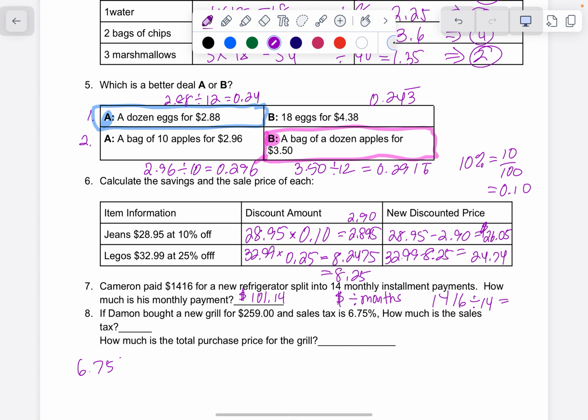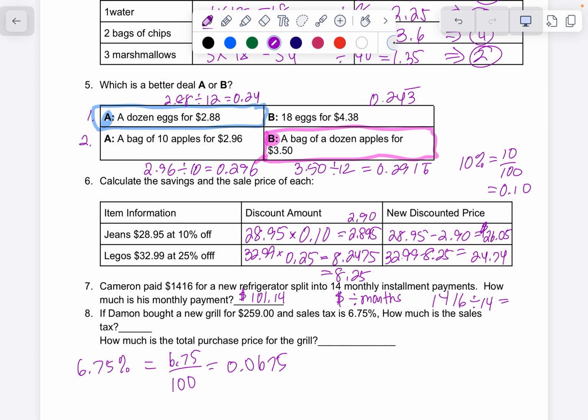What did I say you could do in the calculator to find the decimal if you don't know it? Divide by 100, move it 2 over to the left. However you do that. If you do it divided by 100, you have to put that little 0 in front. 0.0675, because it's 2 places, hundredths, okay?